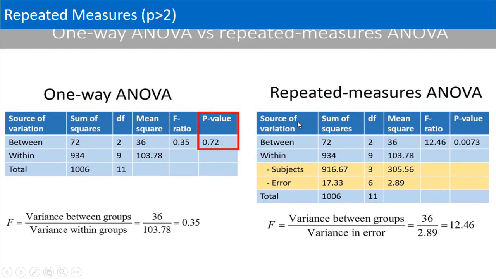But actually, since it underwent the repeated measures ANOVA, kasi you conduct or administer different treatments or you observe at different times, then it is found out that since the error here is 2.89, the mean square, and this is our denominator, then you will see 12.46, and the F ratio with a p-value of 0.0073, which is less than the alpha 0.01 or 0.05, it means there is a significant difference among the treatments. This is an example actually. So it means we need to be careful that repeated measures ANOVA is for repeated measures.